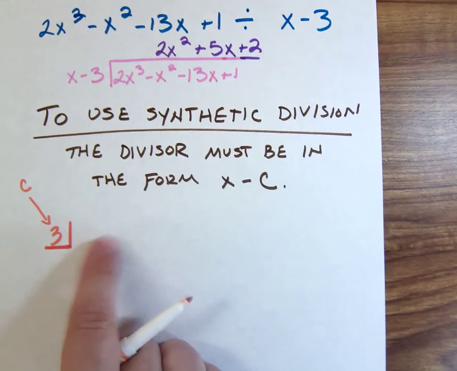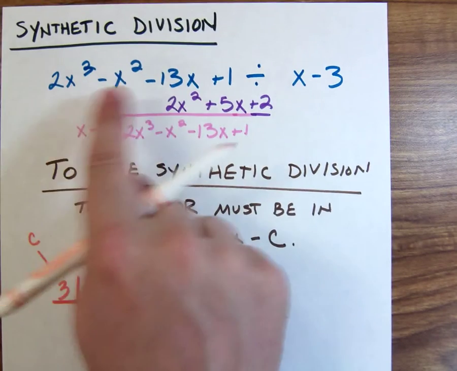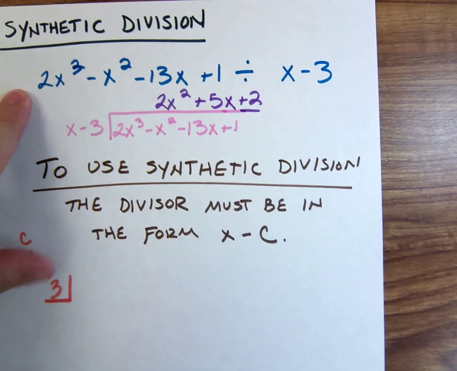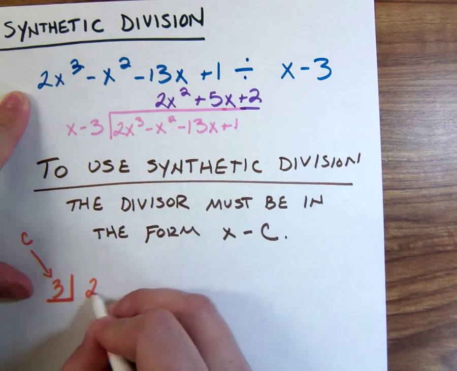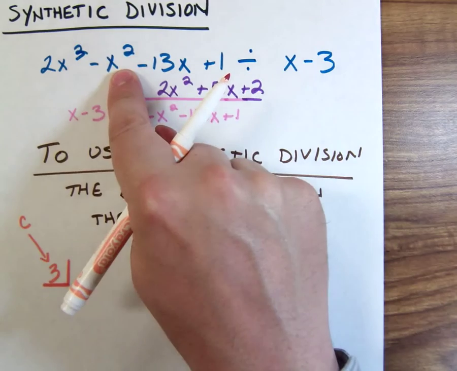Now to the side, on the other side of this little symbol that I drew, we are going to write 2x cubed minus x squared minus 13x plus 1. But we're not going to write any of the variables. We are only going to write the coefficients. So 2x cubed, we're going to write 2. Next was negative x squared.